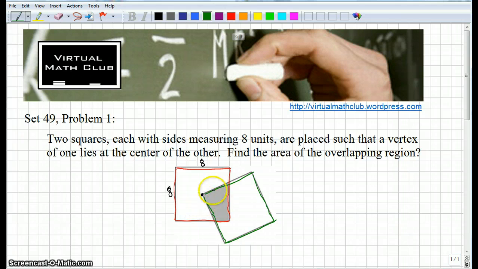Okay, so let's look at a couple different cases. This is at some sort of arbitrary angle, but let's look at the case where the edges of the squares meet at right angles. So that would be this case here.